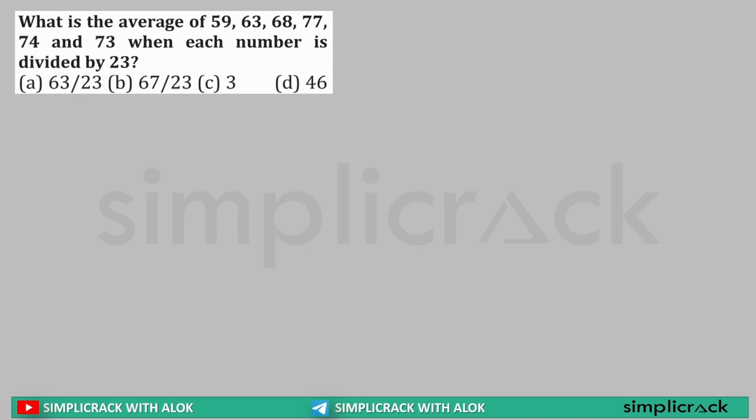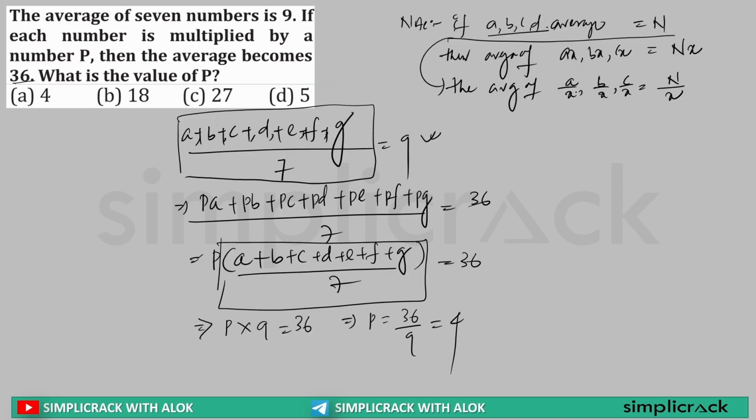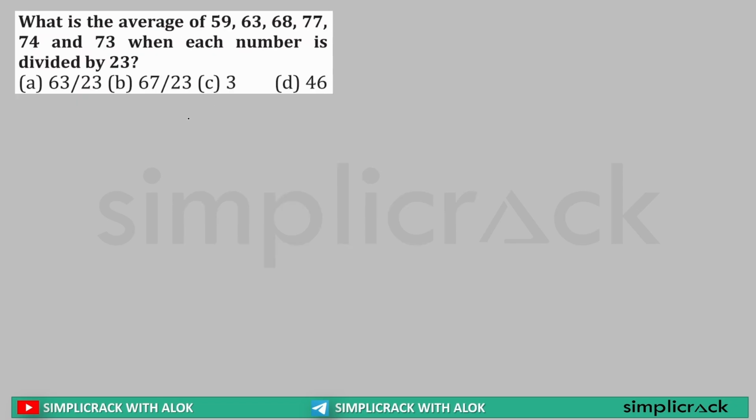Clear? Next. Sir, the average of 59, 63, 68, 77, 74, 73 is given. What is the average when each number is divided by 23? Now what is it saying? What I have told you in the beginning: if the average of A, B, C, D is n, the average of these divided numbers will be n by x. So I will find the average of 59, 63, 68, 77, 74 plus 73.